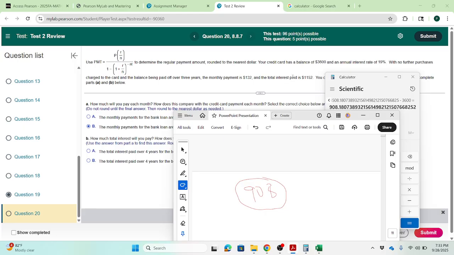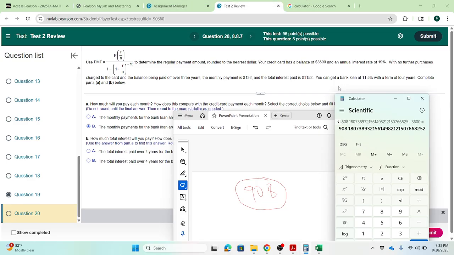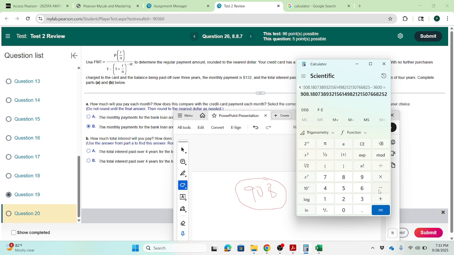But what about the interest for the credit card? The credit card interest is 1152. So subtract this number from 1152, but make it positive. So this is $243.81, which is approximately $244 less.